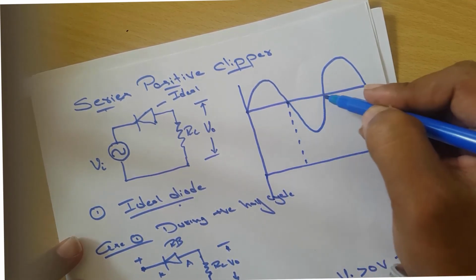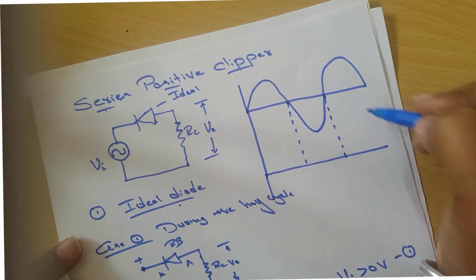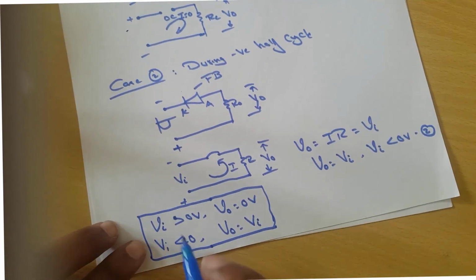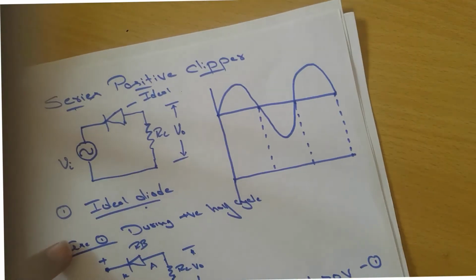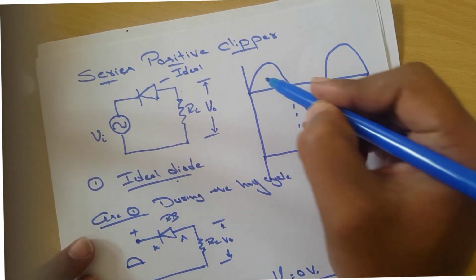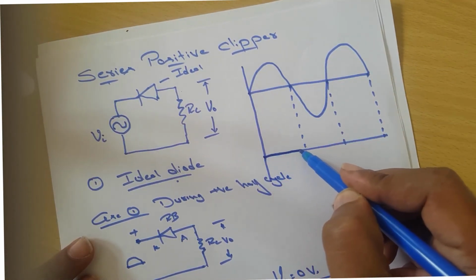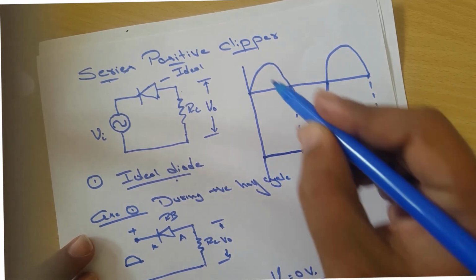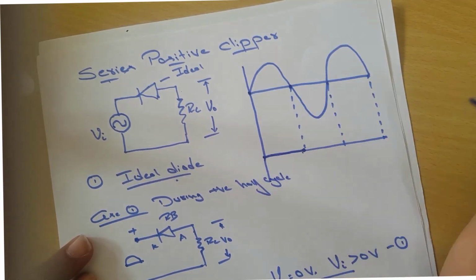As I already said, for the ideal case, 0 volt will be the reference. With the help of this mathematical expression, when Vi is greater than 0, V0 is equal to 0. It means during the positive half cycle, from here to here it is positive, V0 is simply equal to 0.